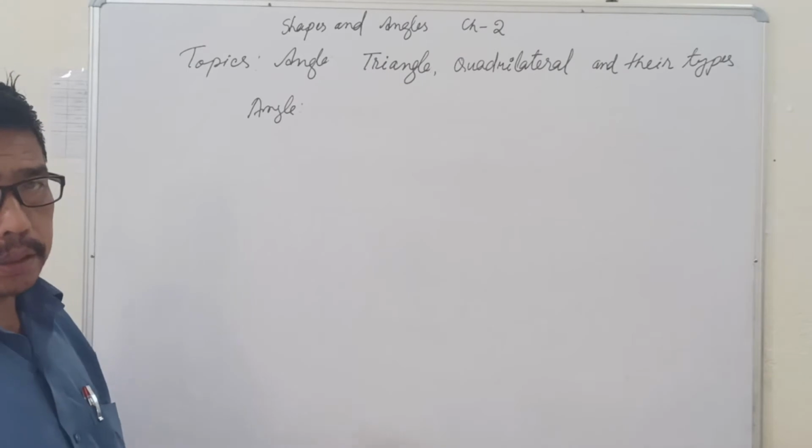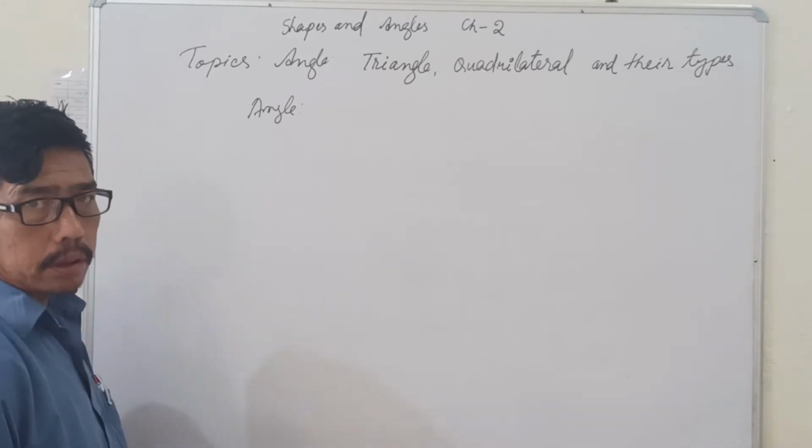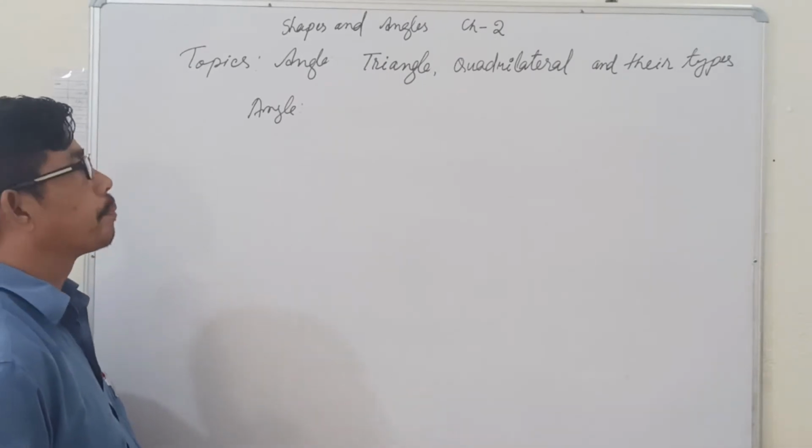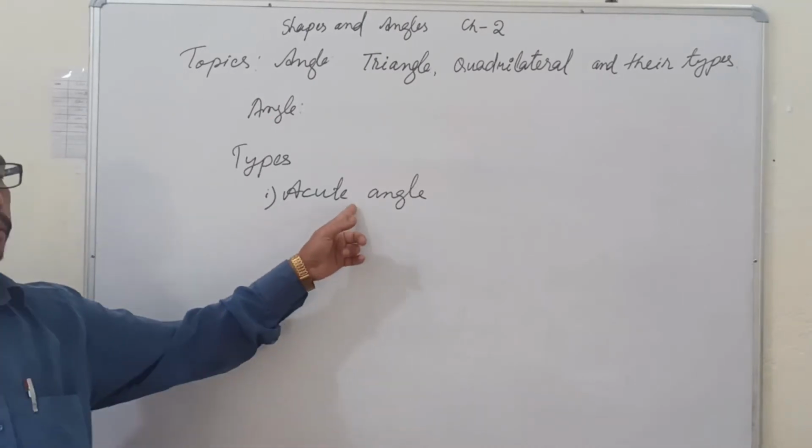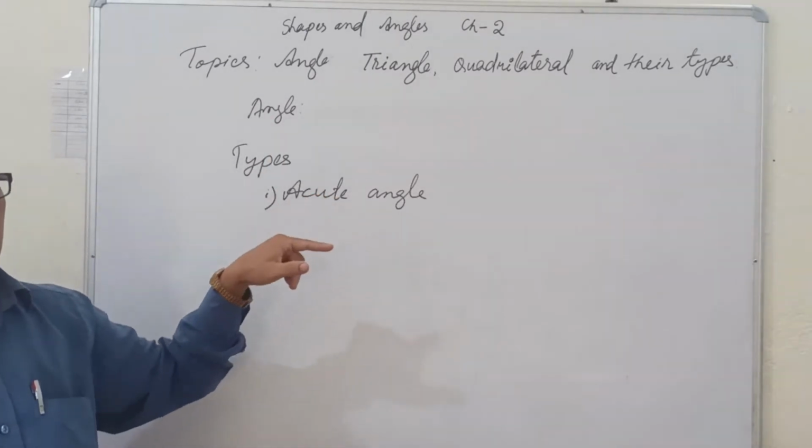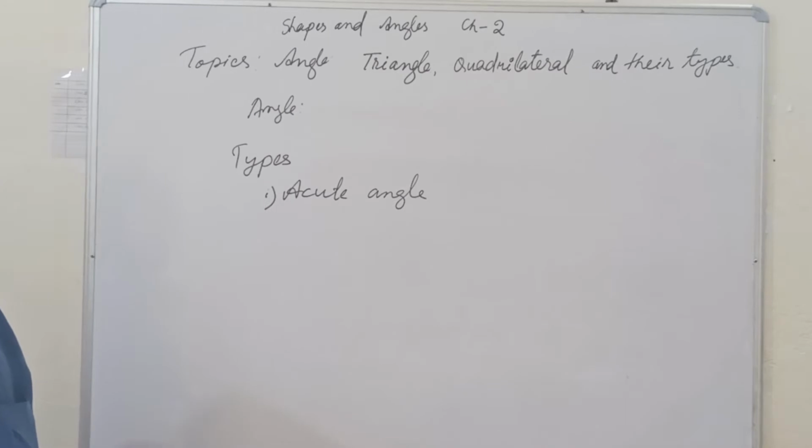After understanding this, let's come to the types of angles. Acute angle. An acute angle is an angle whose measure is more than 0 degrees and less than 90 degrees.